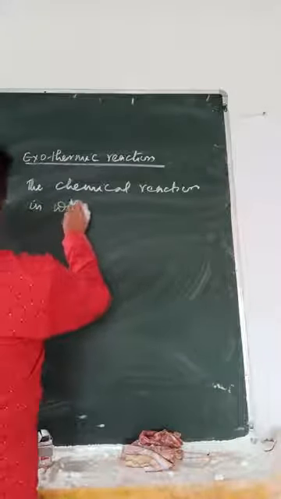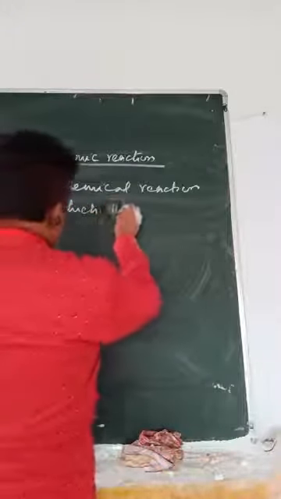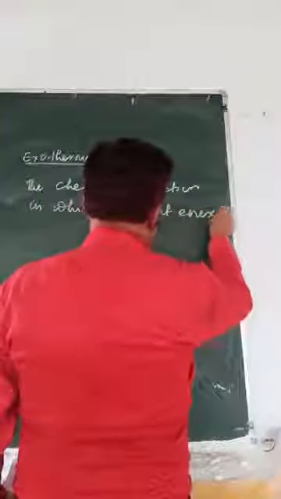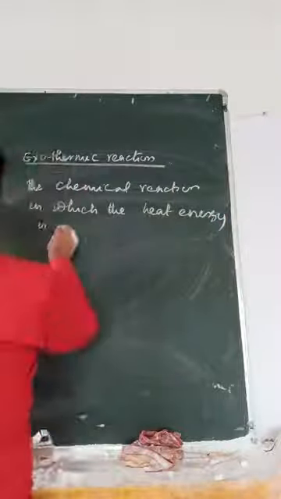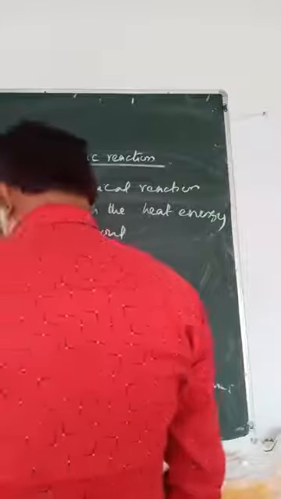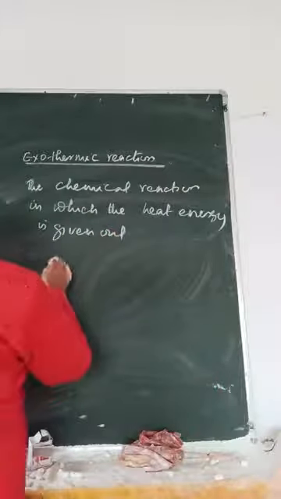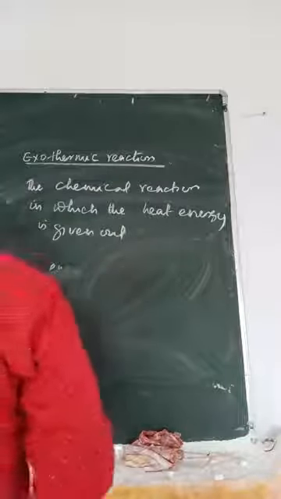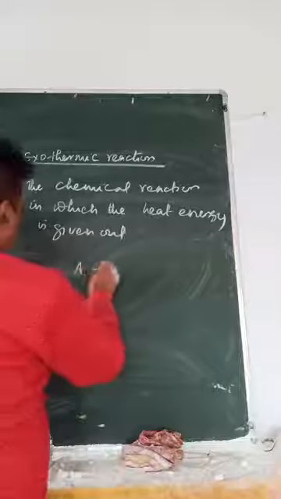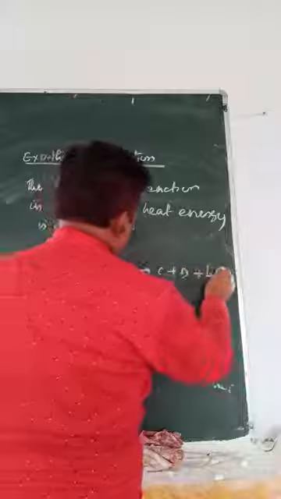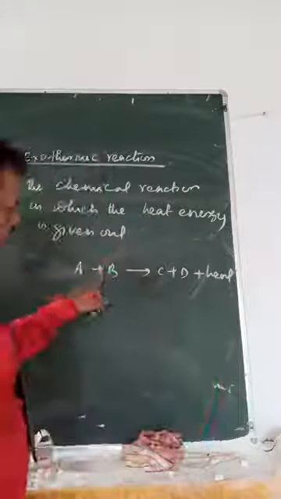Here I can write AB gives you C plus D plus heat. The energy is given out from here.